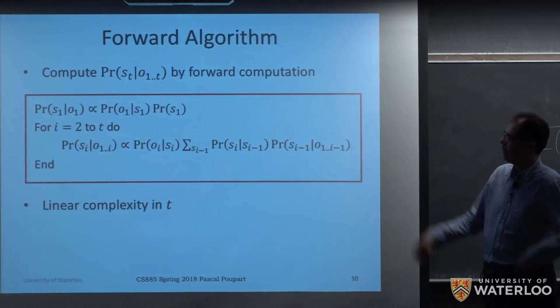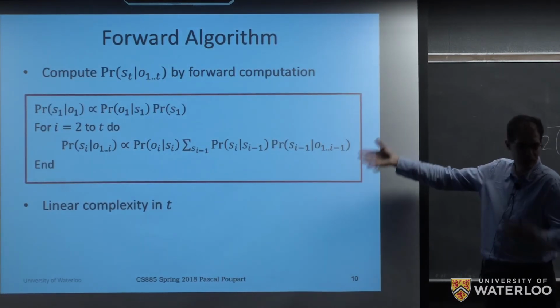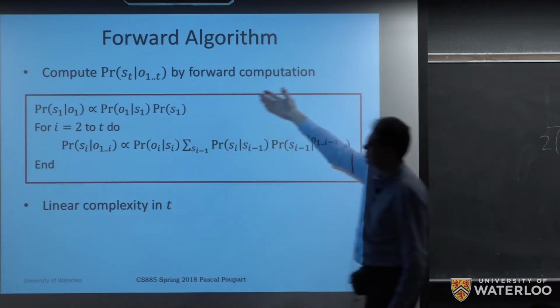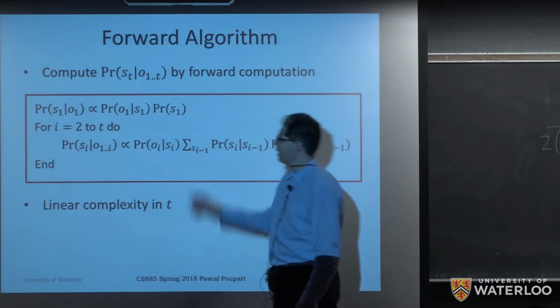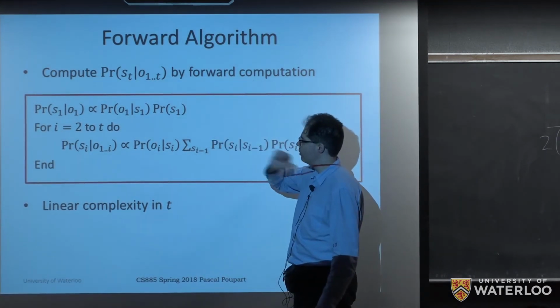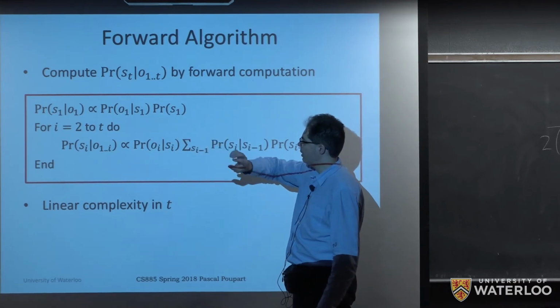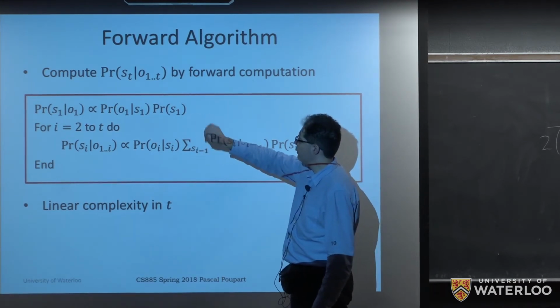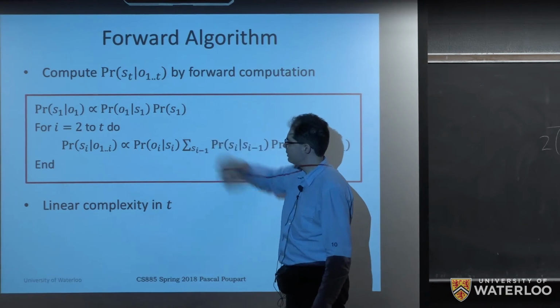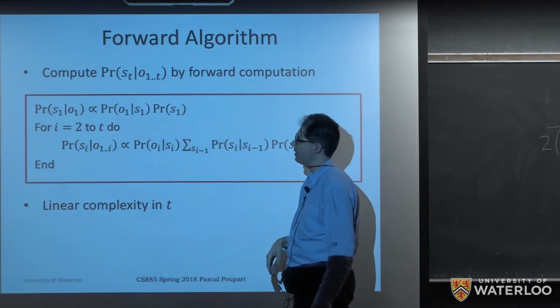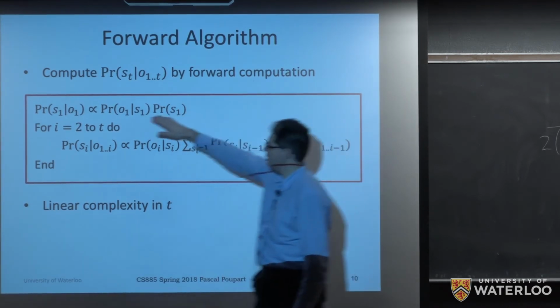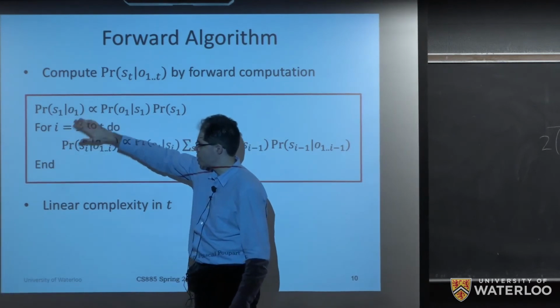Okay, so we can summarize that into an algorithm that is known as the forward algorithm. And so here for this algorithm, we start with some belief about the first hidden state. And then so we would take into account the first observation.